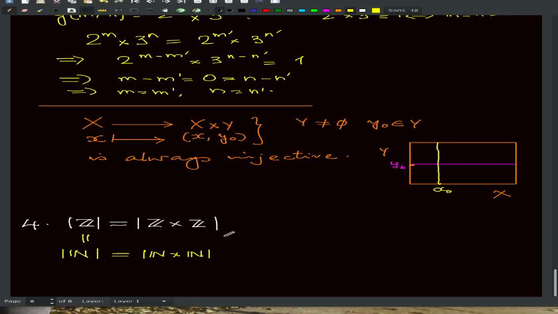So now do we need to just show that Z cross Z is equipotent to N cross N? Yes.